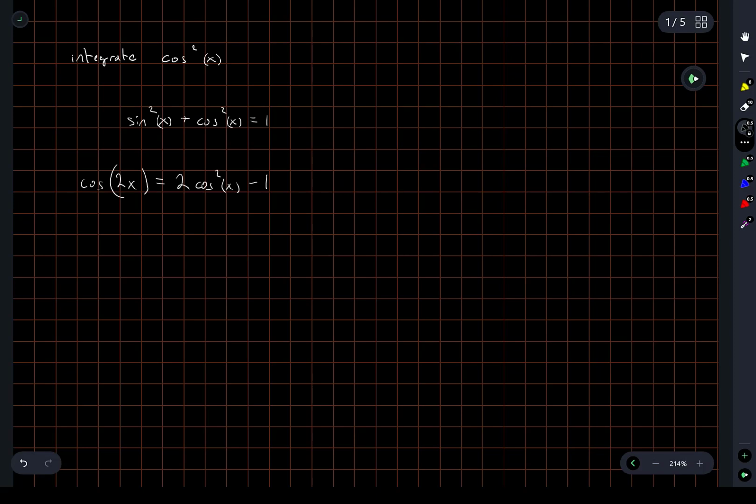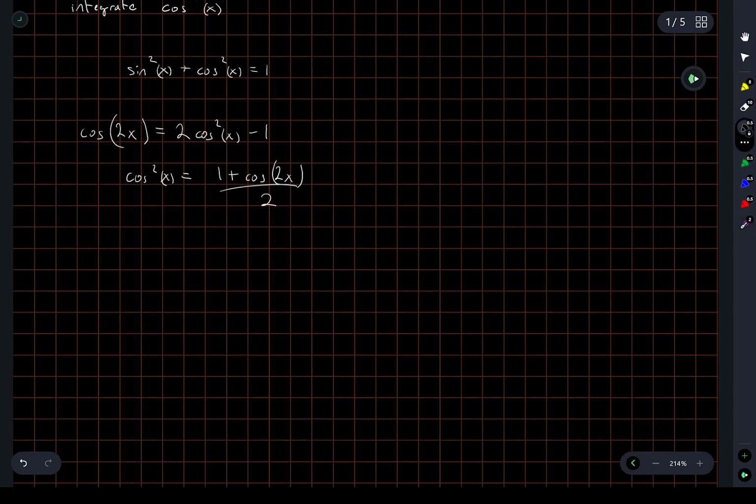Yeah, I think this is close to what I said. Maybe I was off by a sign somewhere. So this says that cosine squared of x is equal to 1 plus cos 2x divided by 2. And so this is something that we can integrate pretty easily.